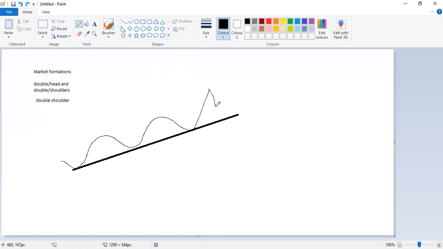And then we'll have it coming down, and then it will literally just stop in the middle. It won't go and test this boundary here. If it does go and test it, then we're looking for a shoulder as well. So it will turn back, go and collect these orders again, taking out the scalpers here, opening up more orders, spreading the price a bit.